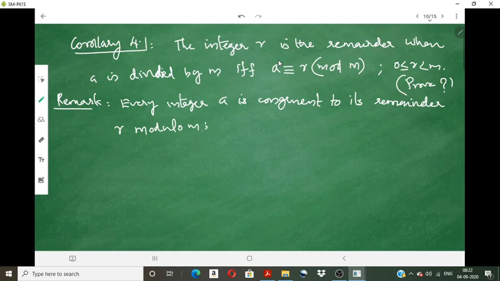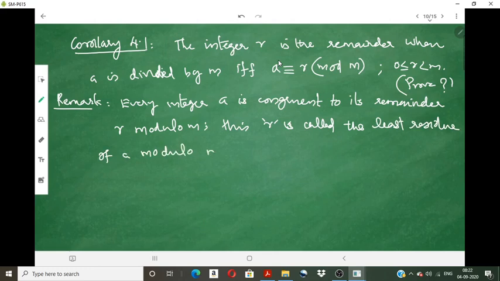Then this r is called the least residue of a modulo m. Least residue.